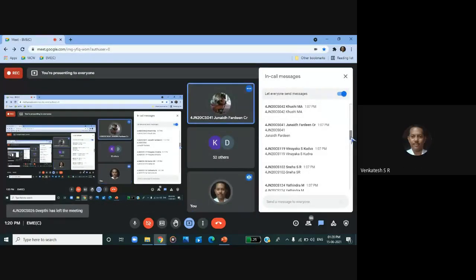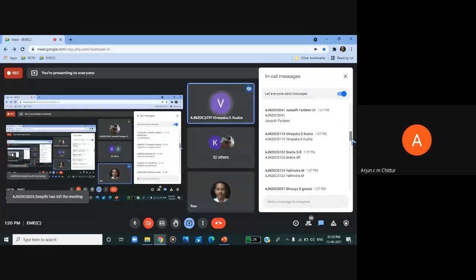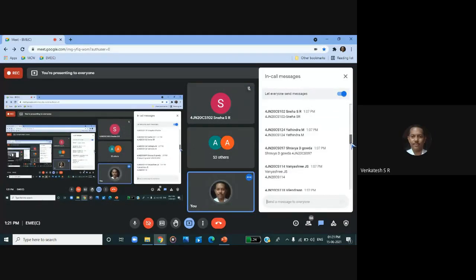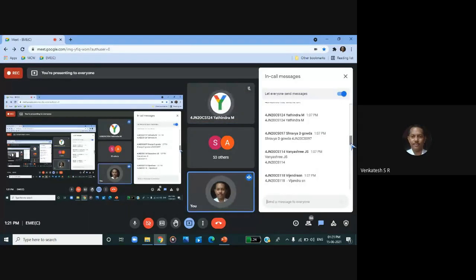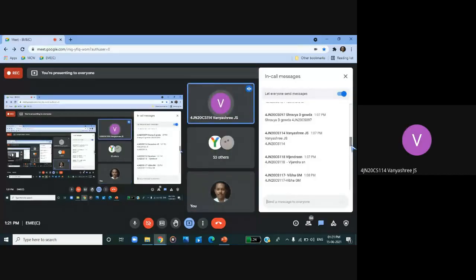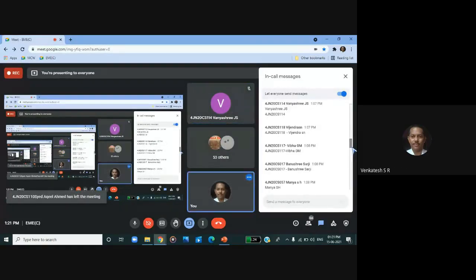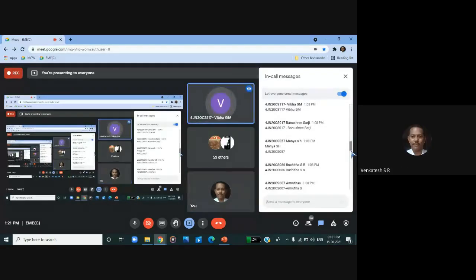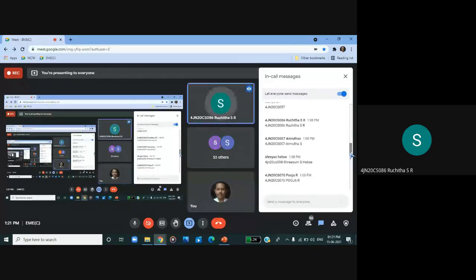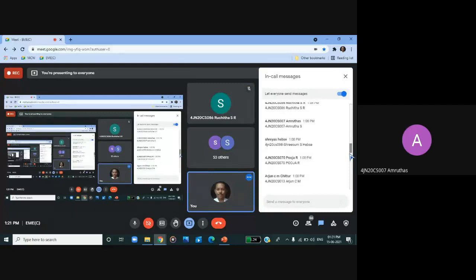Present, sir. Vinayaka. Present, sir. Neha. Present, sir. Yatindra. Present, sir. Shravya D. Present, sir. Vinayashri JS. Present, sir. Vijendran. Yes, sir. Iba GM. Present, sir. Banushri. Present, sir. Manya SH. Present, sir. Ruchita SR. Present, sir. Amruta S. Present, sir.